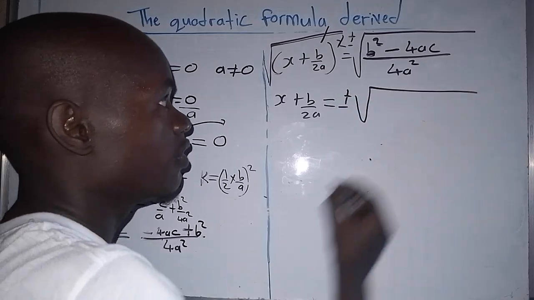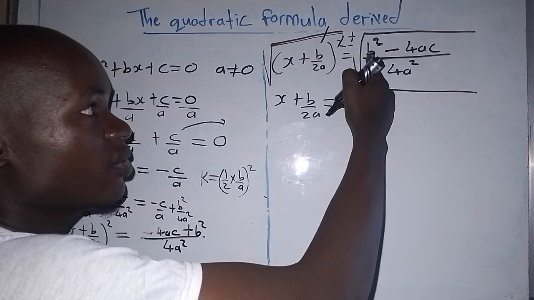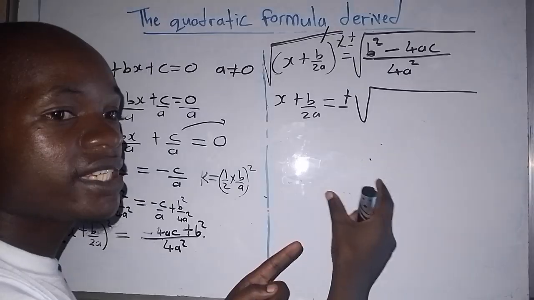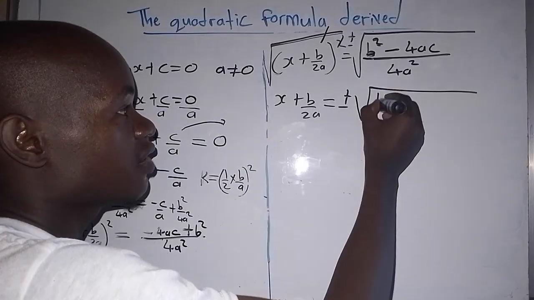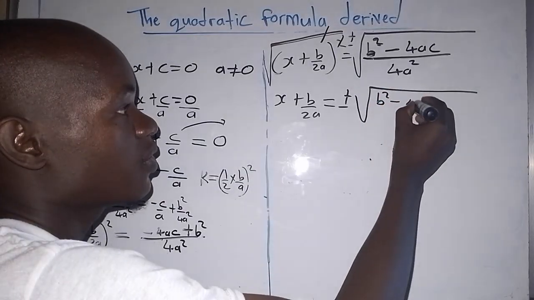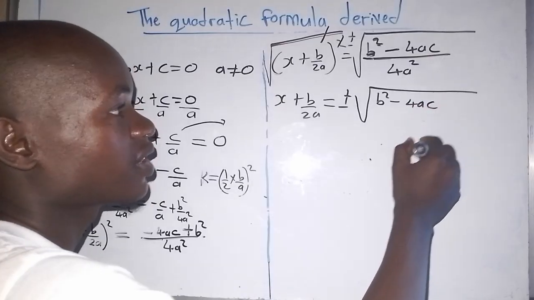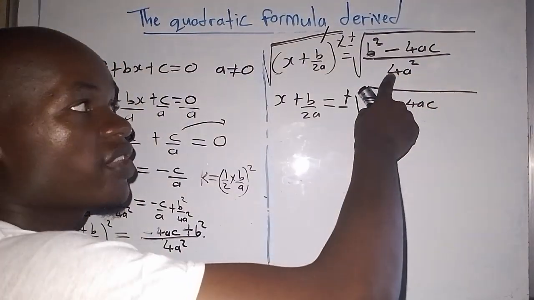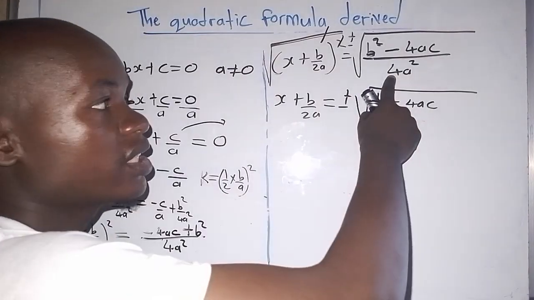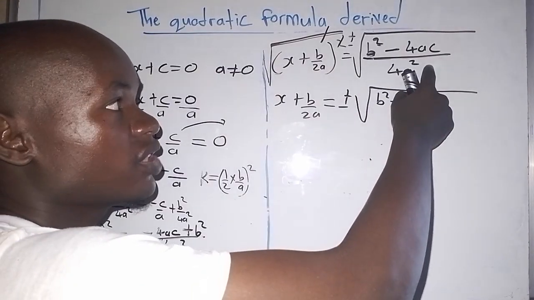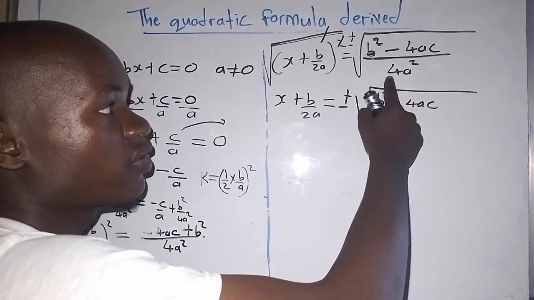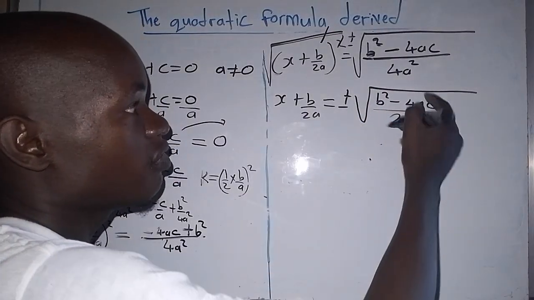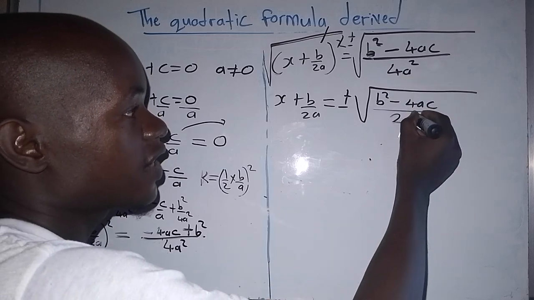Now you know we can't find the square root of b squared minus 4ac because they are two terms, we can't do that. So we'll just have the square root of b squared minus 4ac. But we are able to find the square root of 4a squared, since it's a single term. The square root of 4 is simply 2, then the square root of a squared is just a.